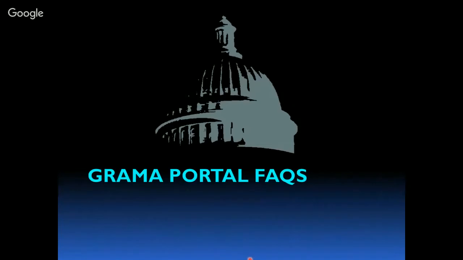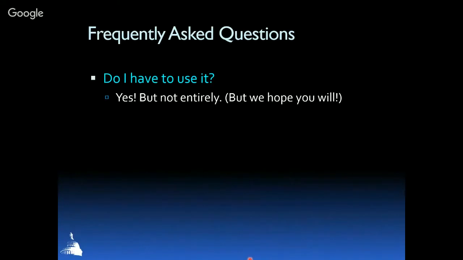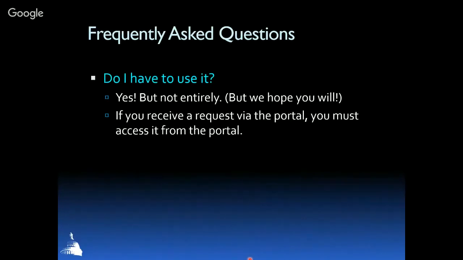So let me just dig right into the facts, because these are the most important things, the things that I have had questions about the most. The number one question asked is, do I have to use it? Yes, you do, but not totally, but we, of course, hope you will. If you get a request through the portal, then you have to access it through the portal.